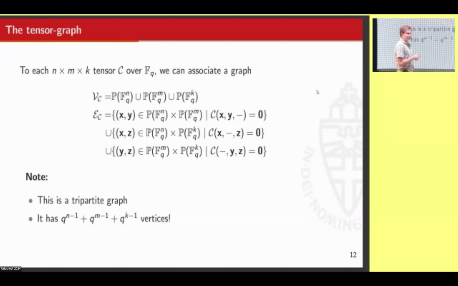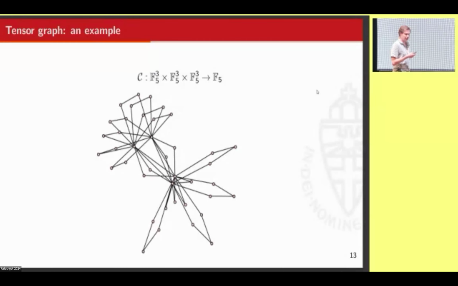Let's show an example, because that's always a little bit easier to see. This would be an example for a 3 by 3 by 3 tensor over a finite field with 5 elements. You can already see there are quite some points for such a small example already. So this really explodes if you go up in n and q.